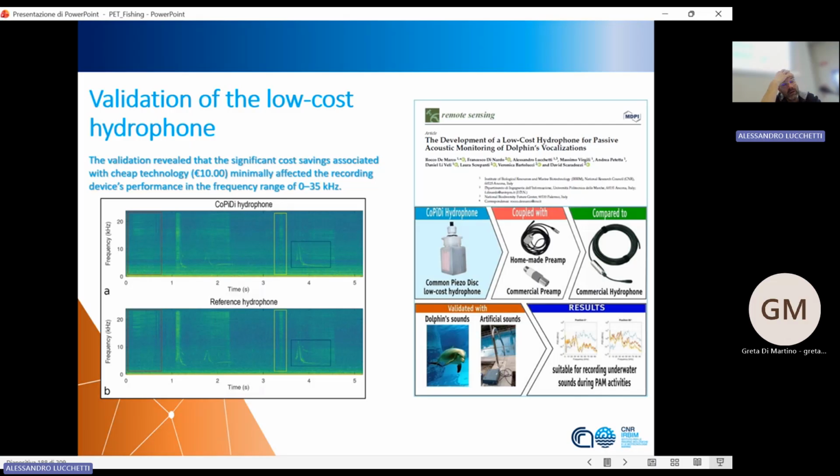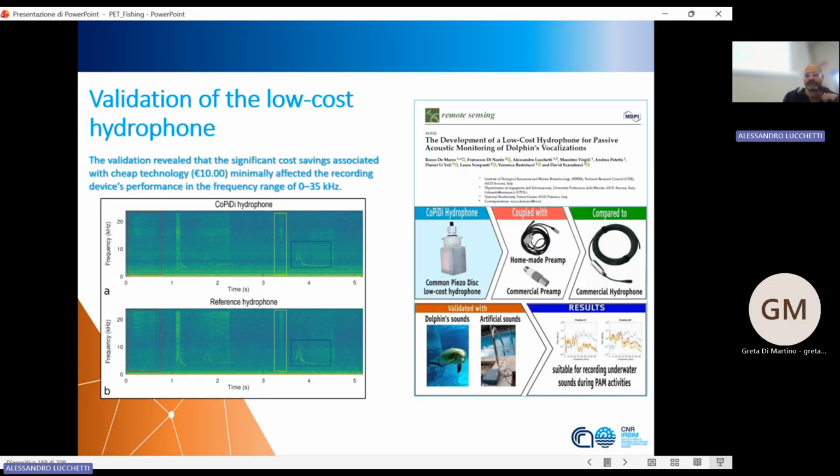So really cool, I said. I asked, the price was something like €20,000, and I asked, but how can you imagine a fisher can buy something like this for €20,000? That's why we tried to develop every single component of this hydrophone by reducing the size and the price. We have a hydrophone that costs something like €10, but we started from zero, from the really basic components.